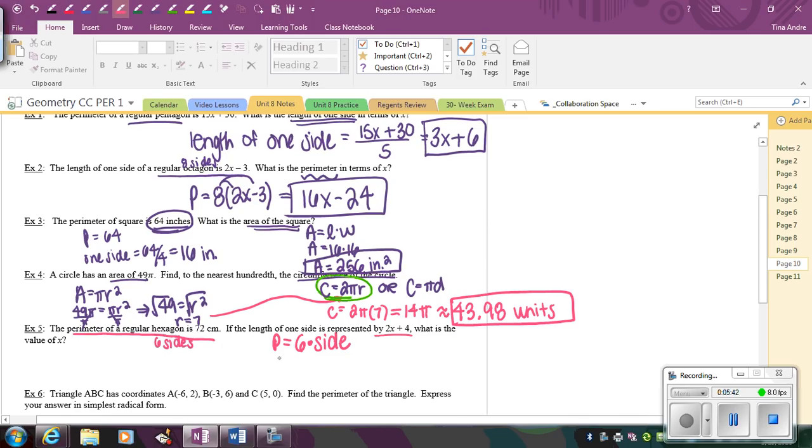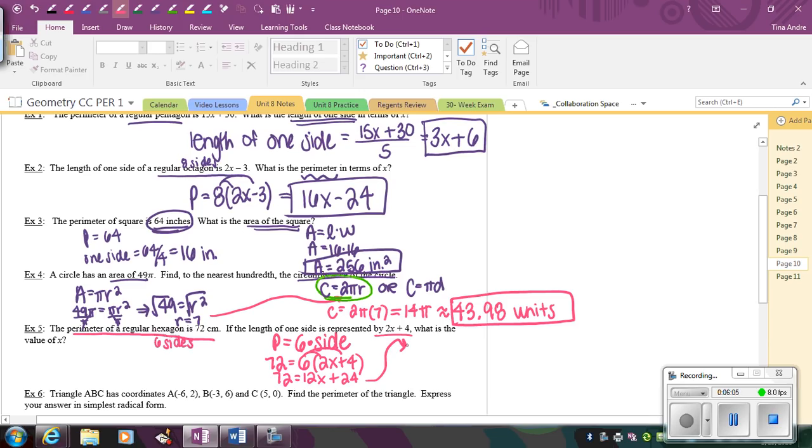If the perimeter is 72, we know that 6 times one side length will give us 72. So instead of saying add all the sides, I'm just saying 6 times one of the sides. Then we just need to basically solve this equation. So you get 72 equals 12x plus 24.